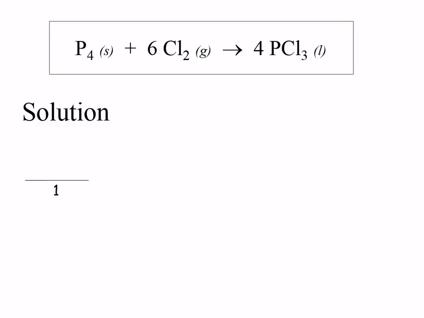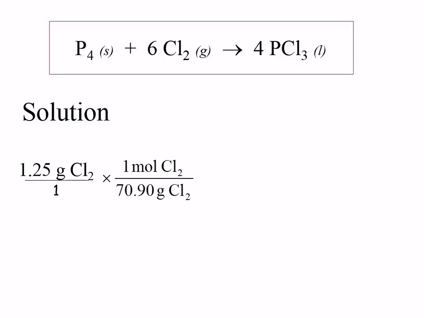Let the fun begin. So we're going to start with 1.25 grams of Cl2 over 1. Then we go to moles of Cl2 using the flipped version of the molar mass of Cl2, which we said was 70.90. So 1 mole of Cl2 over 70.90 grams of Cl2. Grams of Cl2 will cancel.